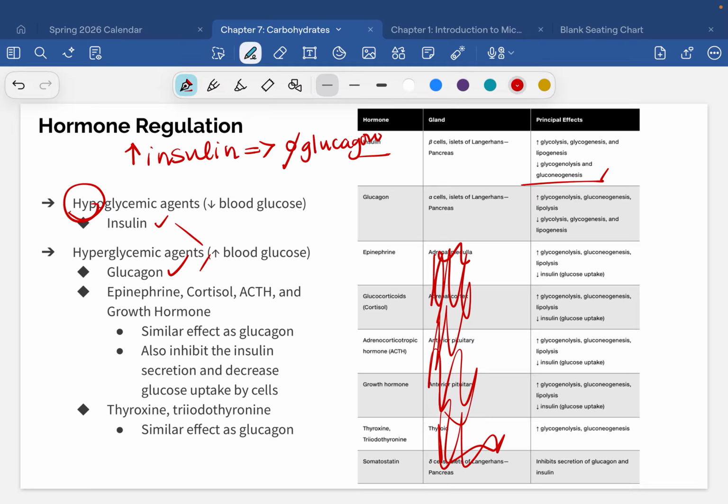That's all you really have to know about it for now. Don't worry too much about what's in the chart. Just know that these other ones are energy requiring processes, and so they increase blood glucose similar to glucagon. They act similar to glucagon. But yes, we will get to all of those, and you will have to know all of that when we get to the endocrine system, but not today.